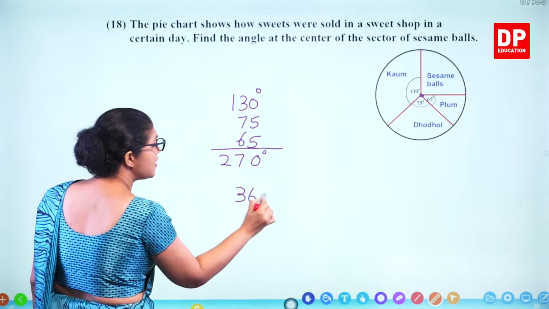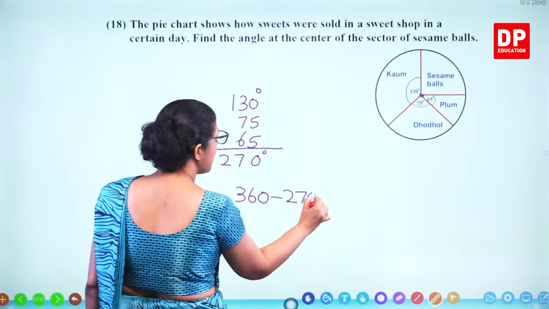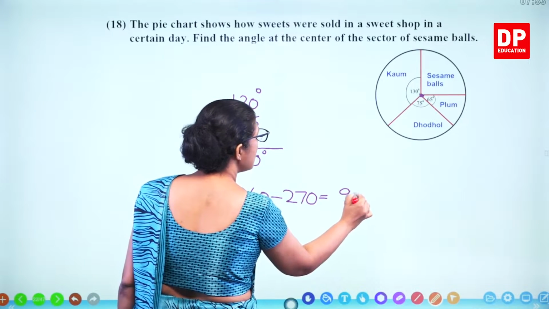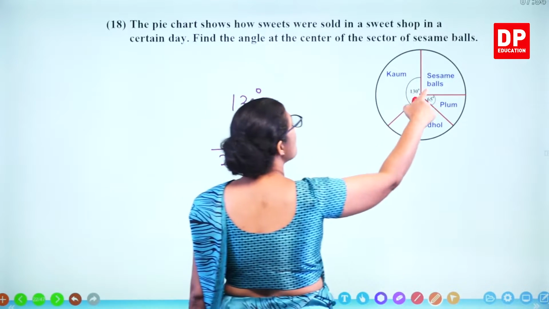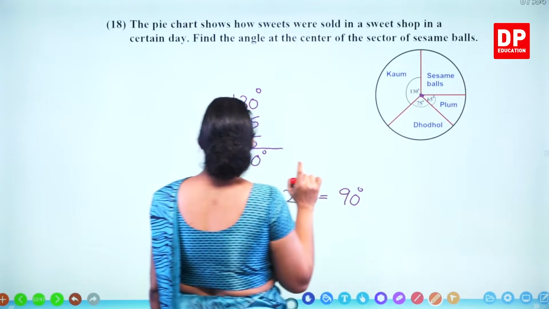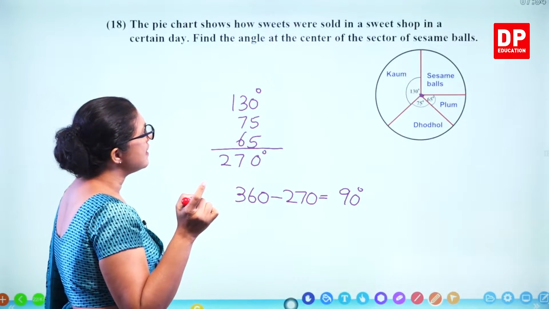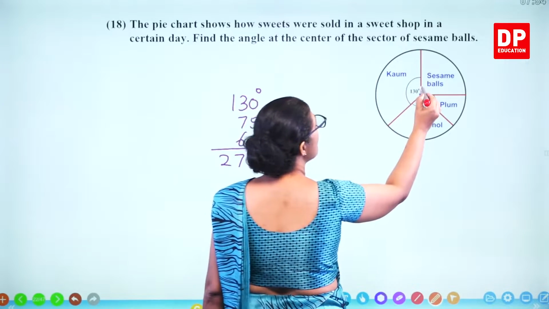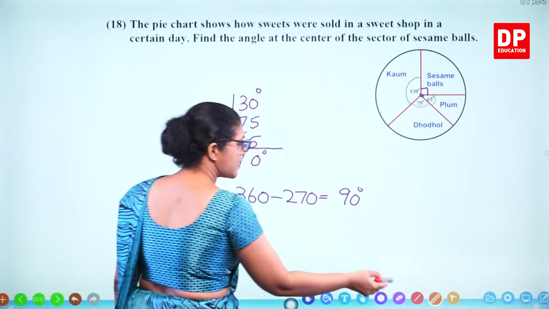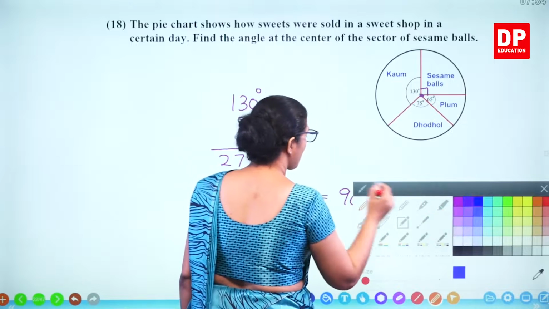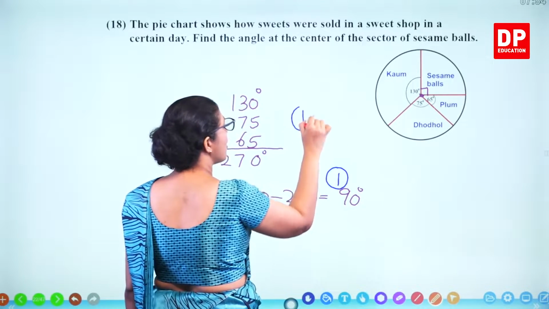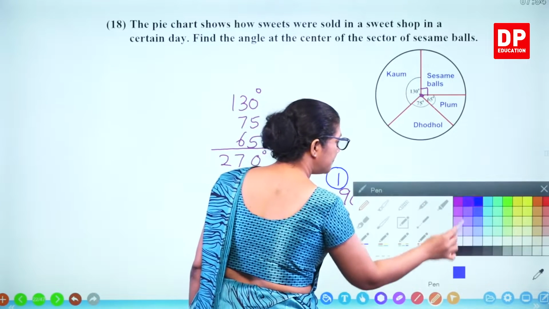So 360 minus 270 is 90 degrees. So this one is 90 degrees. So they are asking, the angle at the center of the sector of sesame balls is 90 degrees. So 1 mark and 1 mark for the method.